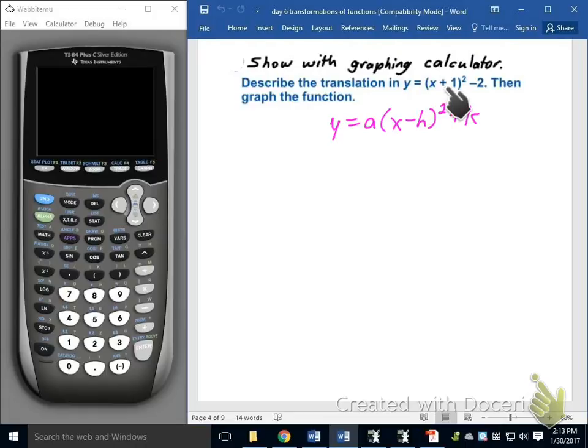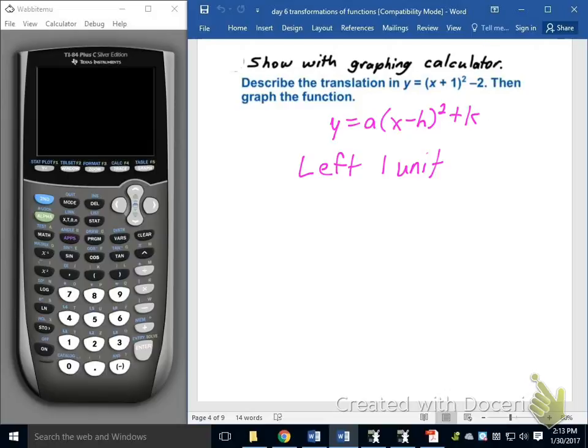I have to focus on the plus 1 and minus 2. That actually creates what we call a translation. In this particular problem, the graph of y equals x squared has been translated to the left 1 unit. And that is because of the plus 1. That's because h would equal negative 1. The k value is negative 2, so it went down 2 units.